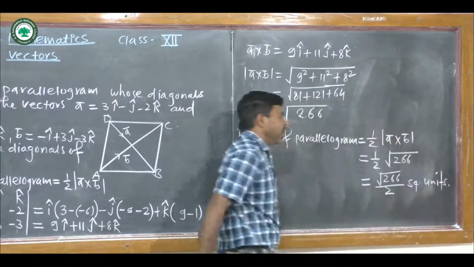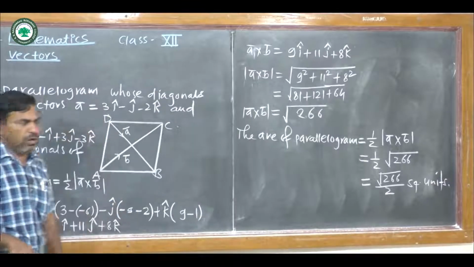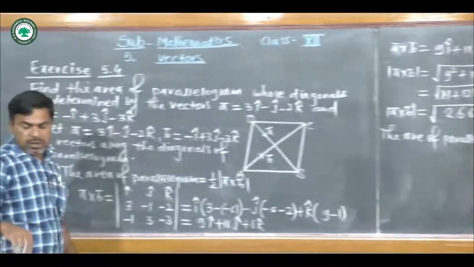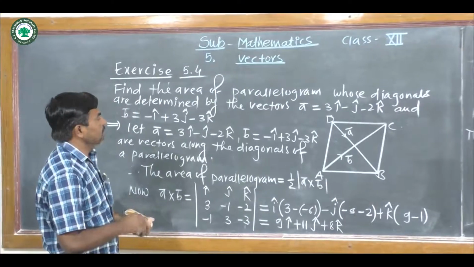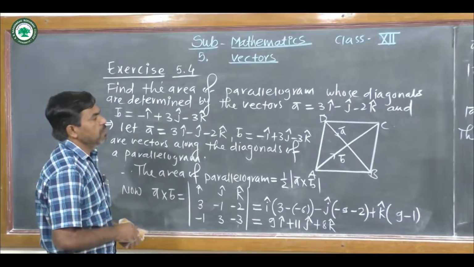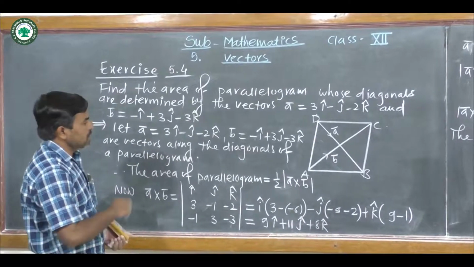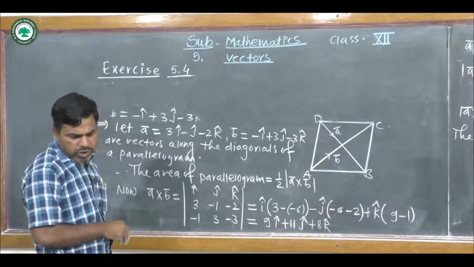So this is the area of the parallelogram whose diagonals are A bar and B bar. So this is the complete solution for this question. Now let's see next. Find the direction ratios of a vector.